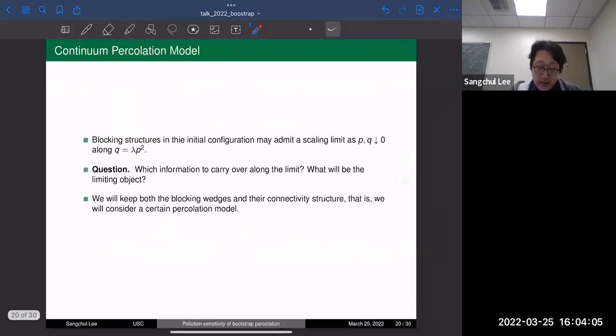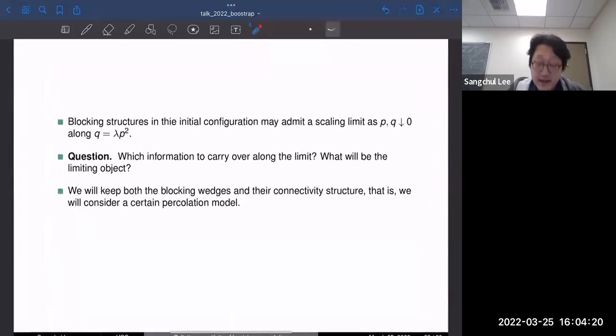Okay. So summarizing, we're going to choose the scaling relation to be q equals lambda p squared, and then we're going to discover the blocking structures in the initial configuration, and then try to describe the scaling limit. So the question is, what will be the limiting object?